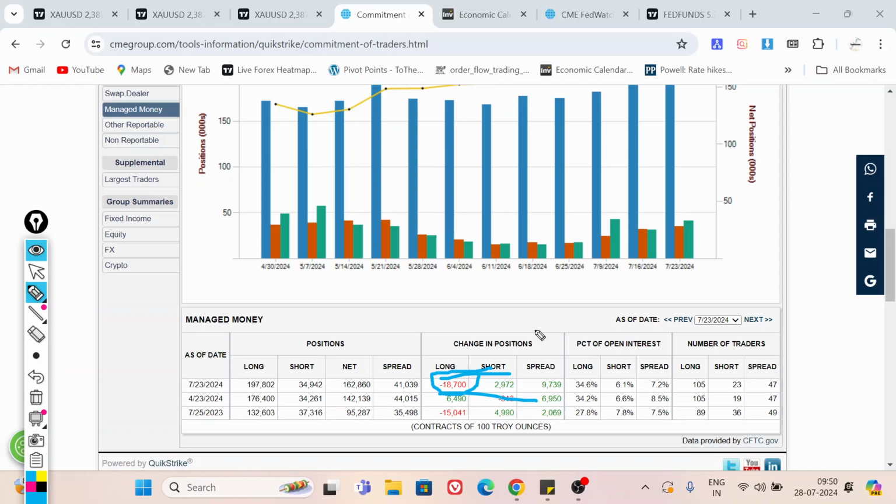So we have to wait for another COT report for next week. But overall, if we check the sentiment from the previous COT report, it is in bearish favor, and we can look for selling opportunities.